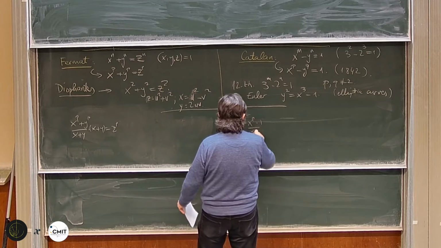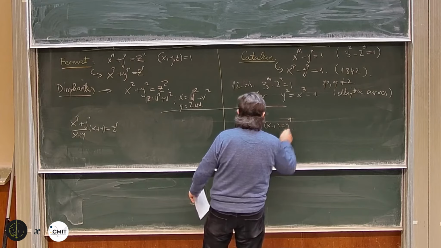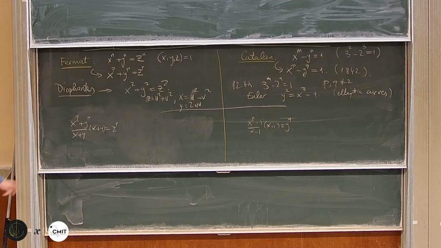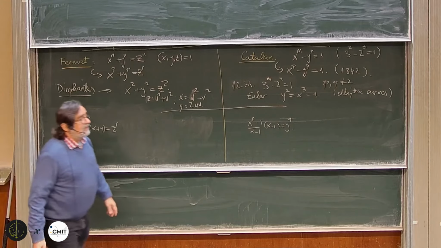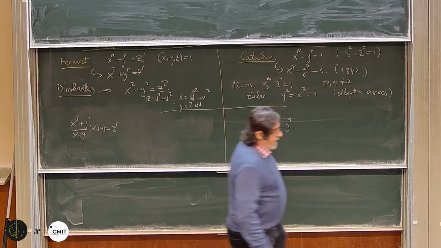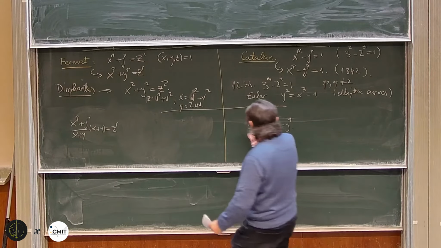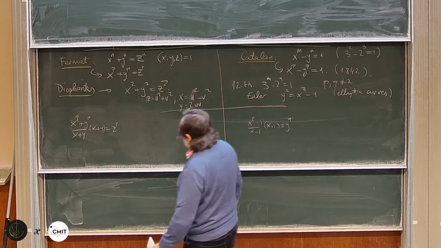There are expressions which are typically divisible. x to the p plus y to the p, if p is odd, is divisible by x plus y. So we have this factoring, which yields z to the p. And likewise, for Catalan, you have this factor multiplied by x minus 1.